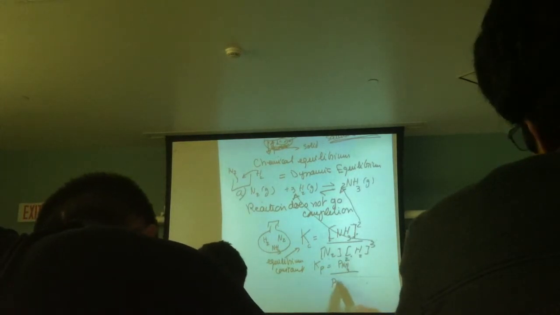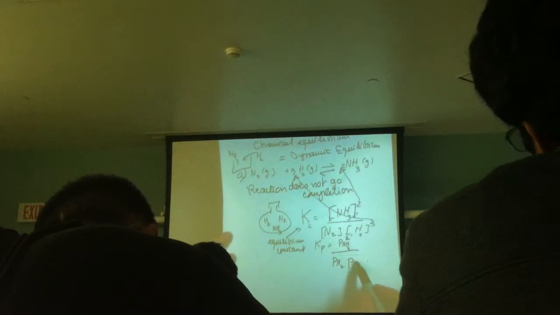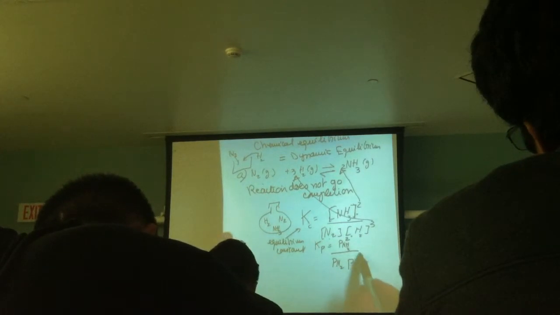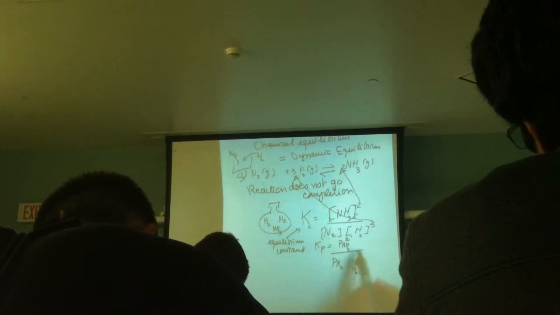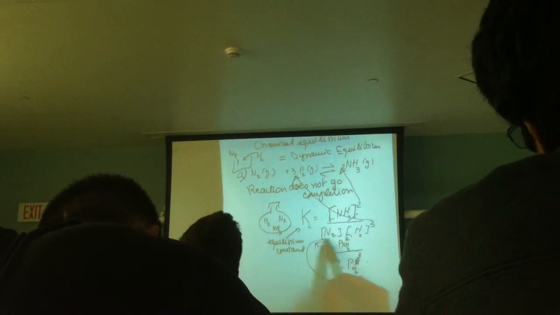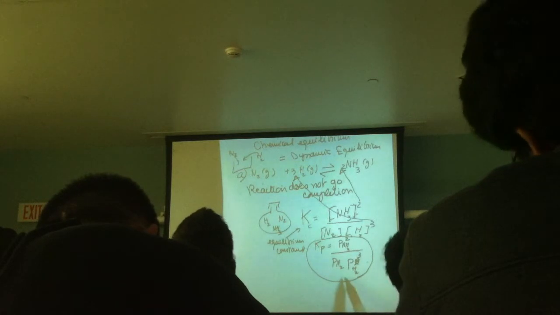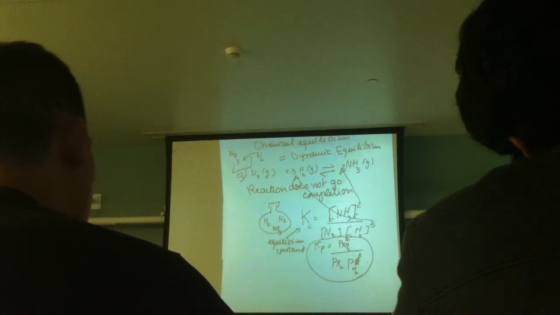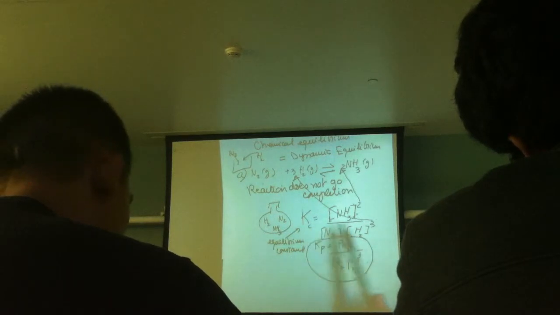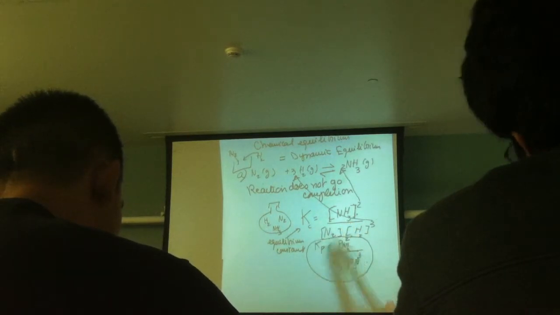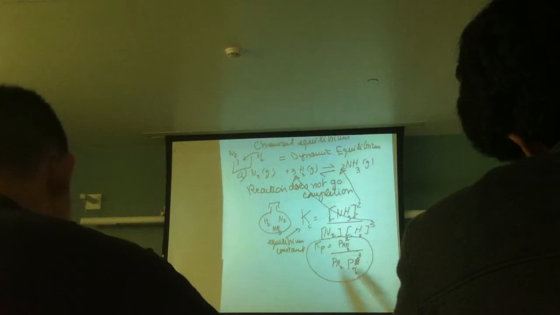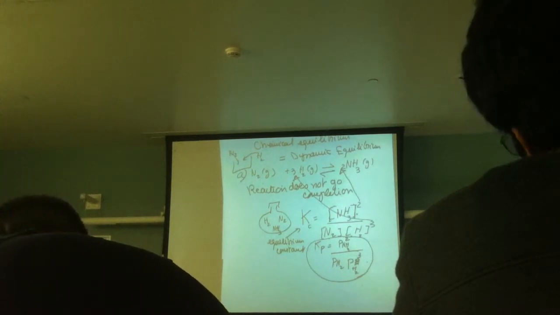The pressure of nitrogen, the pressure of hydrogen, raise it to the power 3. That's part A. So you have choices. You either express it in terms of concentration or express it in terms of pressure. The same to me.